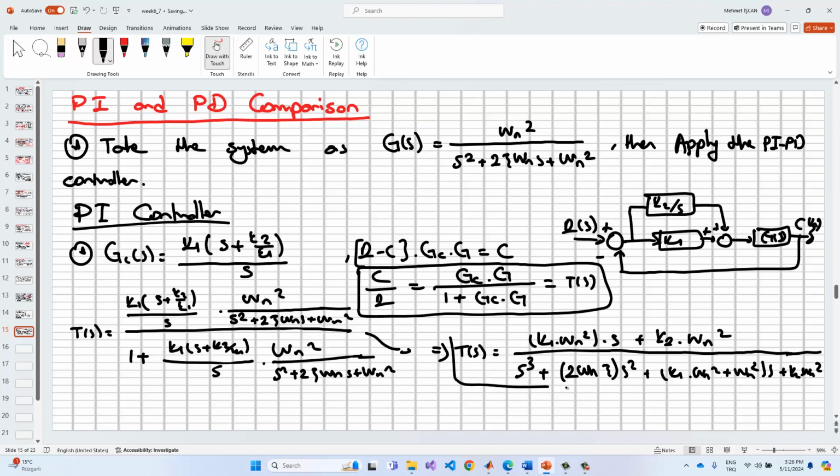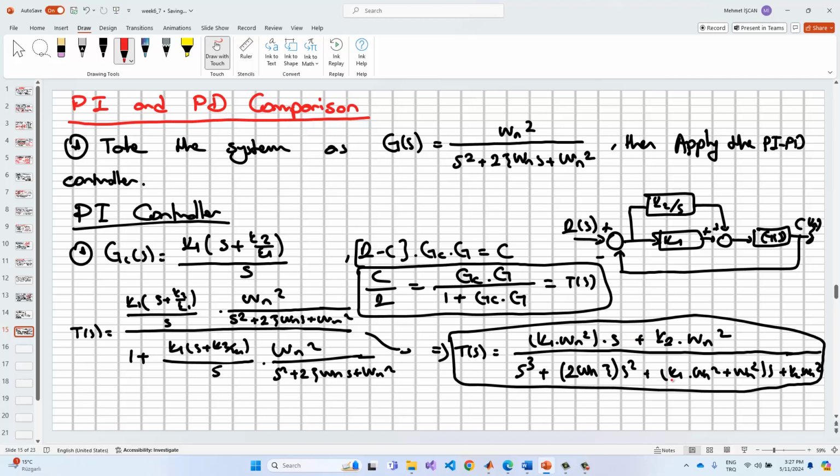These are the closed loop transfer function for the second order system in this way. First of all, just see that we have the s cubed. The denominator part is the characteristic equation. This is the zeros values, right?